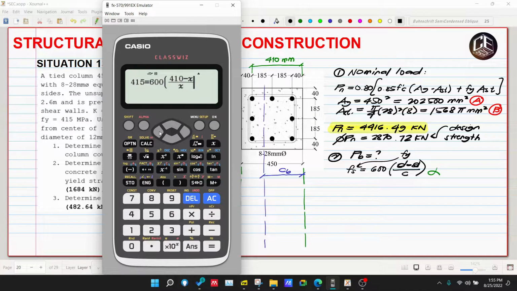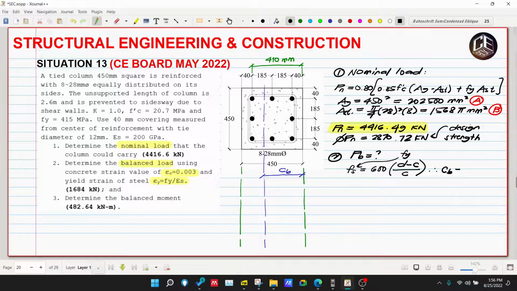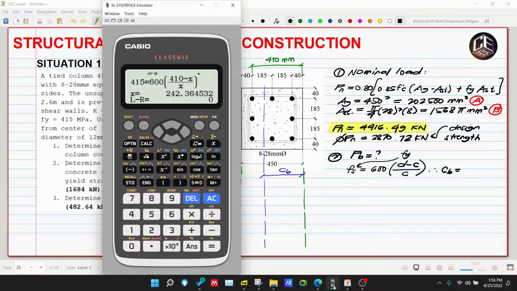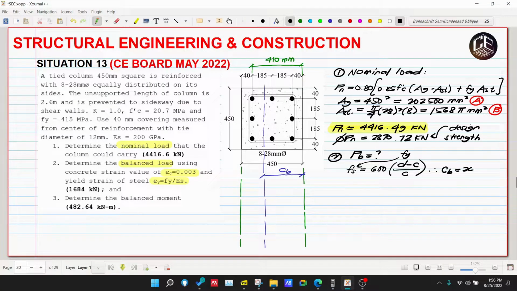So, ulitin namin, this is balance CB. Ayan. So, 242. Therefore, ang ating balance CB or balance C is 242.365 millimeters. Yan.